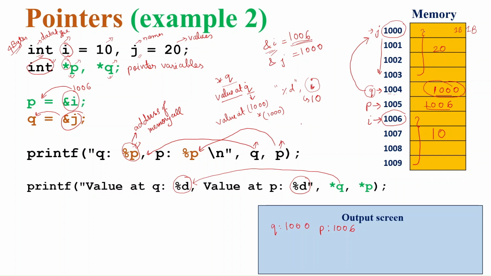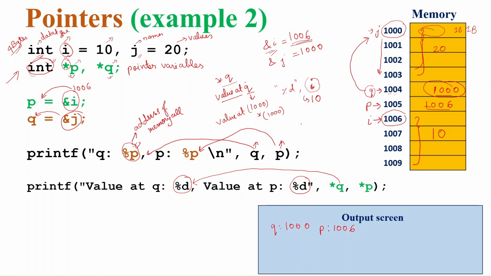Alright, because see, 20 is occupying these 4 memory addresses, but at 1000 you are not going to get the value of 20 completely. Okay, because it is occupying 4 memory cells. So how will we get to know that it is stored in 4 memory cells? The data type here in the second line of the program, this int, is specifying that.